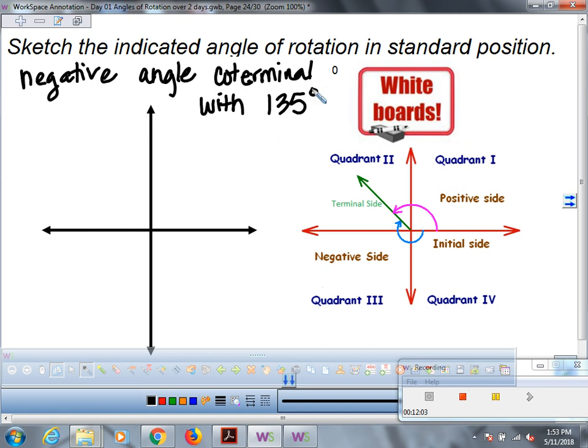She gave me a coterminal angle that's negative, right? A negative coterminal angle to 135 degrees.